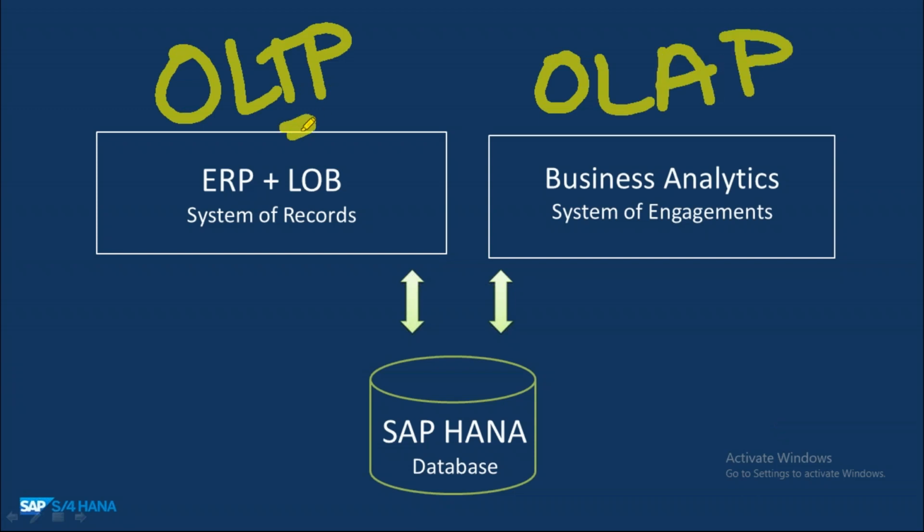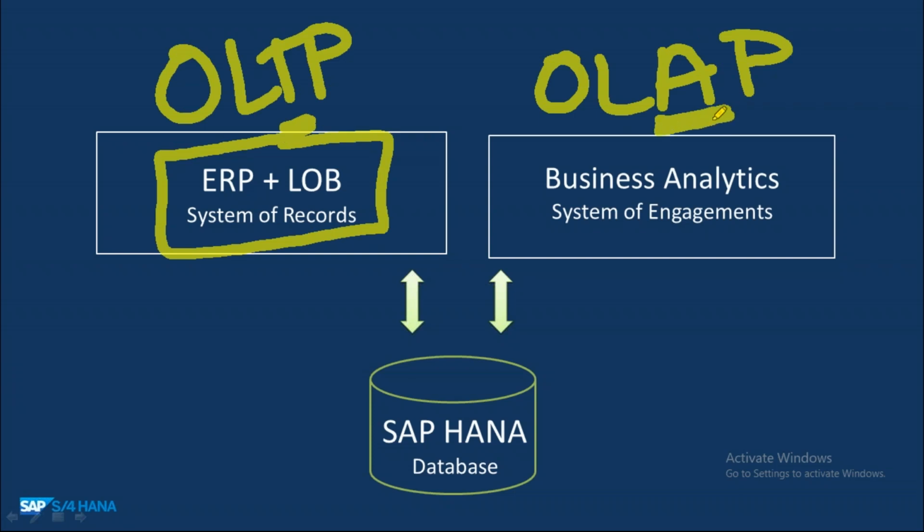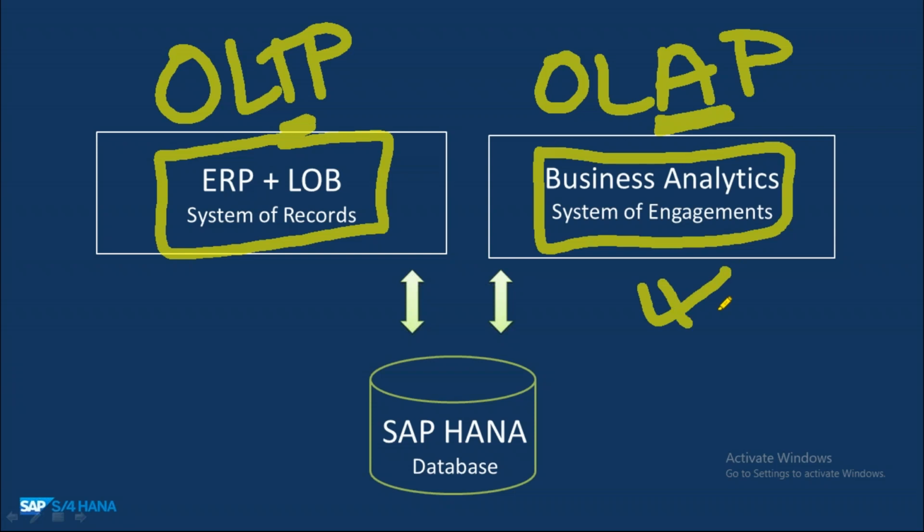Online transaction processing is our transactional system, and online analytical processing is our analytics. So why do we need two different systems? This is because we have a lot of historical data. When it comes to historical data, we always need a separate application designed specifically for reporting and analytics, and OLTP designed for conducting day-to-day transactions.